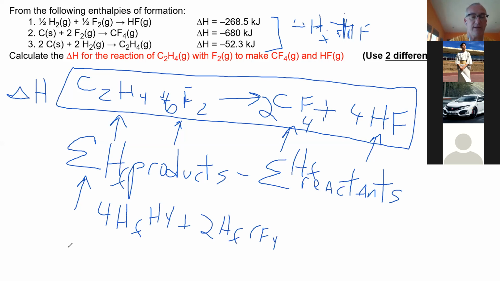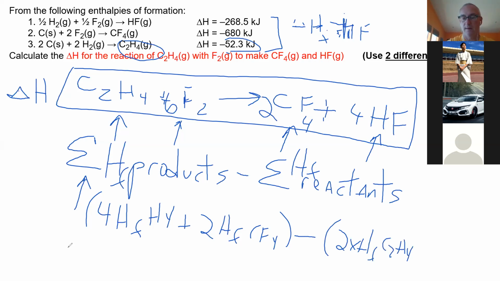Then we subtract 2 times the heat of formation of C2H4, plus the heat of formation of F2 times 6. Now, what's the heat of formation of F2?